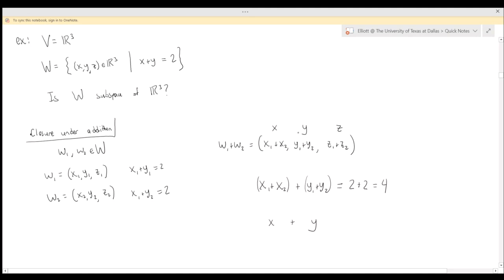So here we see that x plus the y coordinate would actually equal 4, not equal to 2 though.